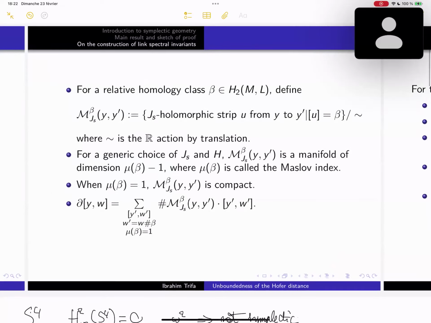Indeed, since the maps u go from R times [0, 1] to M, you can reparameterize by translating the R coordinate. This also yields a J_S-holomorphic strip, and so we want to mod out by this equivalence relation by reparameterization.